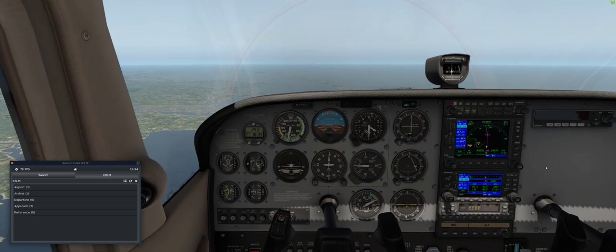We've got to control throttle, we've got to control altitude. Autopilot will help us control the altitude, but we can't tell it right now, hey, I want to be at 2,000 feet when I get to WUDAB, and it will just do it.